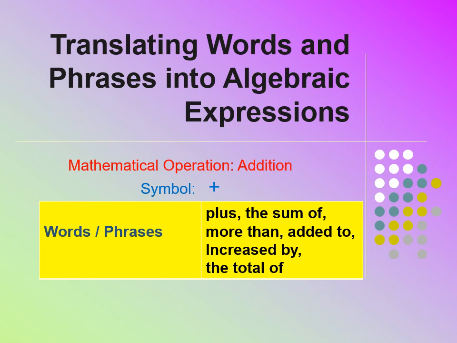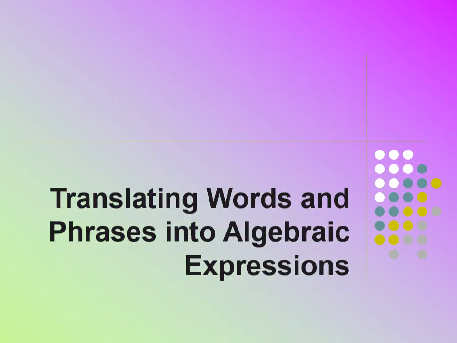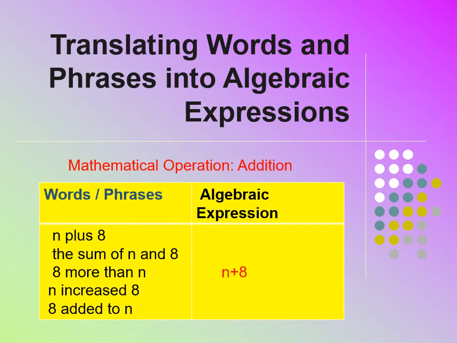So if we see these words and phrases, we can use them to connect one term to the other term in an algebraic expression. Let's have an example of how we formulate an algebraic expression from words and phrases.